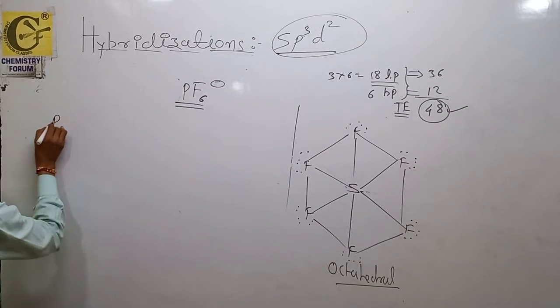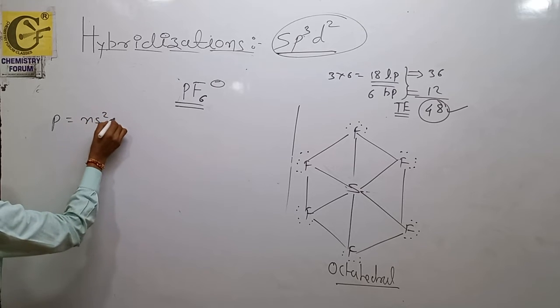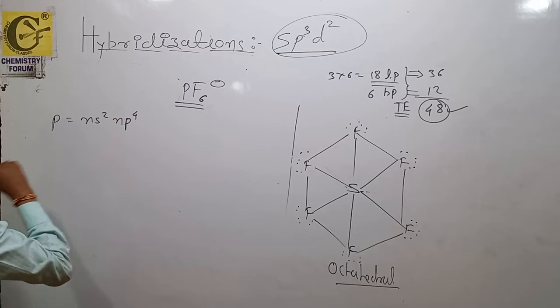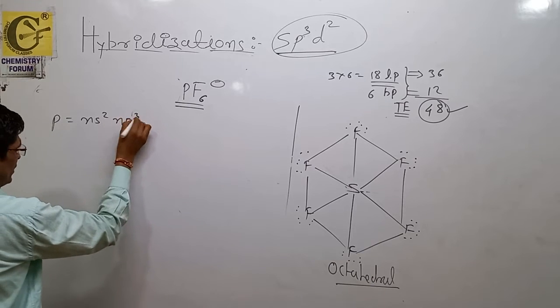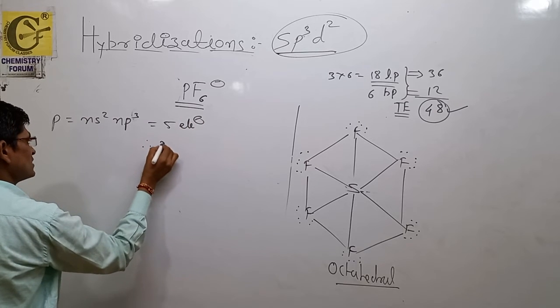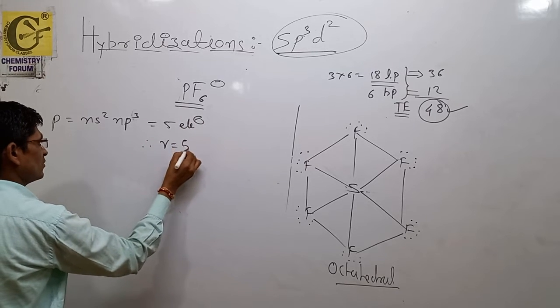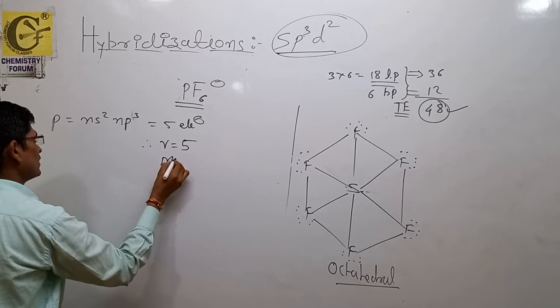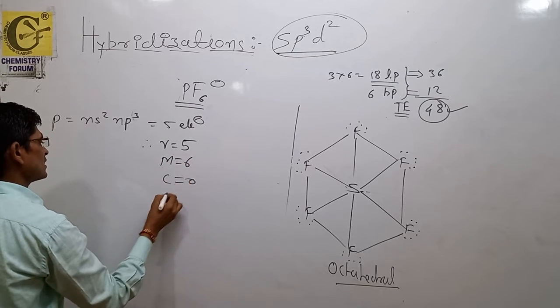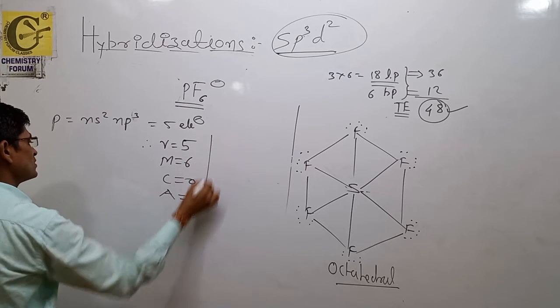So here the phosphorus outermost electronic configuration is ns2 np3, so 5 electrons are present in the valence shell. So valence electron is 5, and monovalent is 6. कटायन की संख्या 0 है, अनायन की संख्या यहाँ पे 1 है.